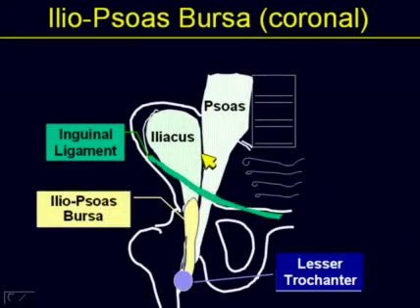On the coronal view, the iliopsoas bursa again starts at the iliopsoas junction and insertion on the lesser trochanter, and it likes to occur in between them, but notice that it's going to go over the ilioinguinal ligament and deposit itself over the iliac fossa. Suffice to say, therefore, that it is on the medial aspect of the hip and within the proximity of the great vessels.